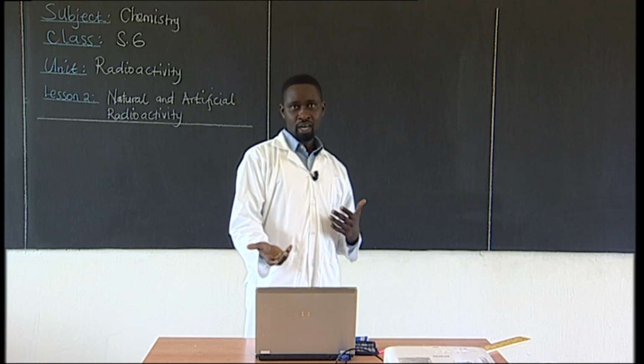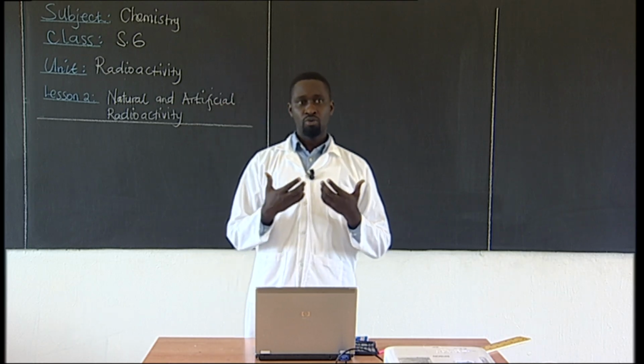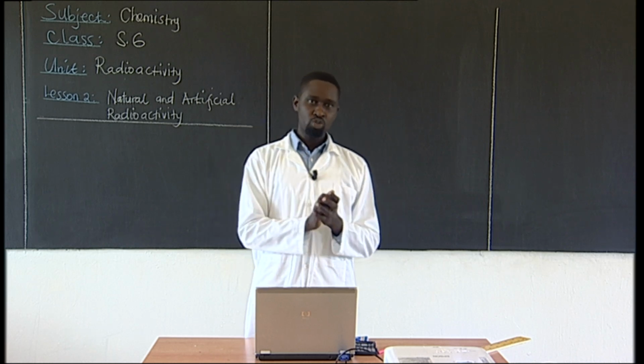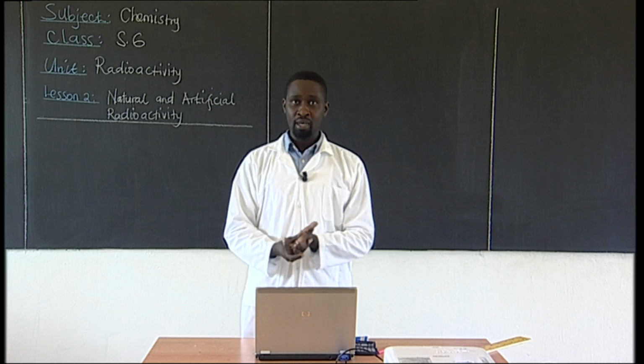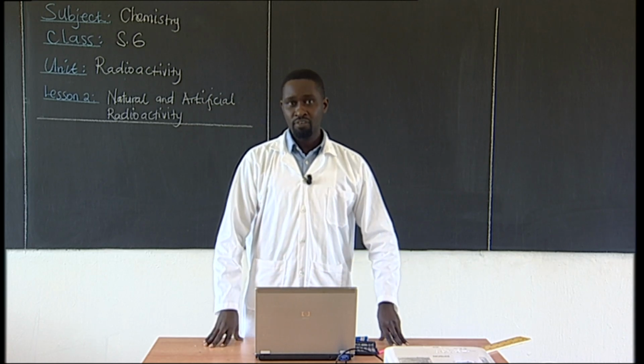So as we have seen about the stability, artificial radioactivity occurs by bombarding stable atoms with either a neutron, which is the beta particle, or a helium particle, which is the alpha.